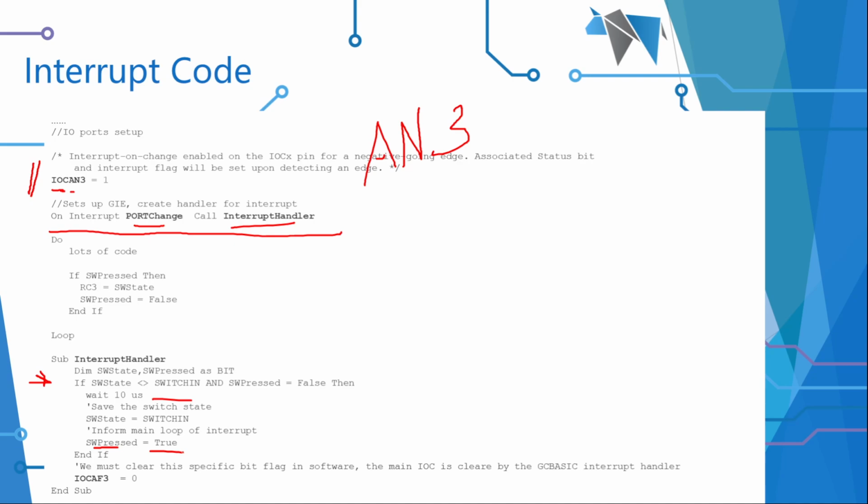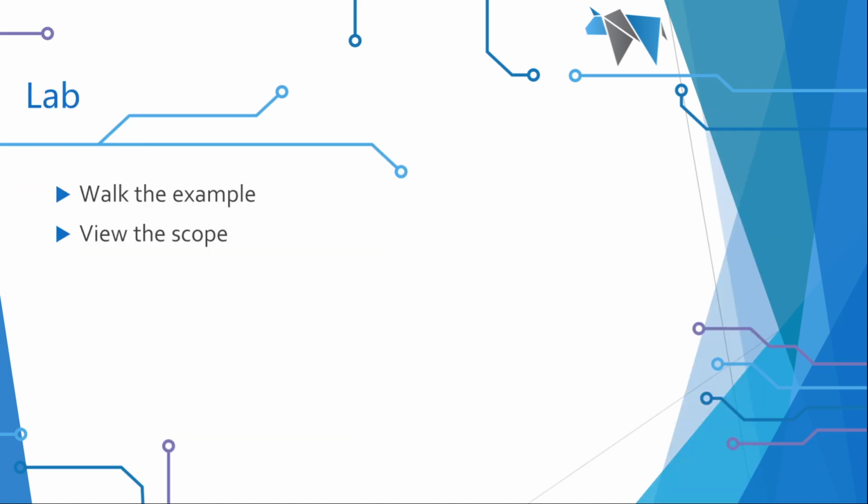If the switch has been pressed, set a flag, and I called it SW pressed equals true, and then handle it in your main program. And this is our main program here between the do loop. It says if the switch has been pressed, then put the LED connected to RC3 to that state. Job done. It's as simple as that. Let's see it working, is the easiest way.